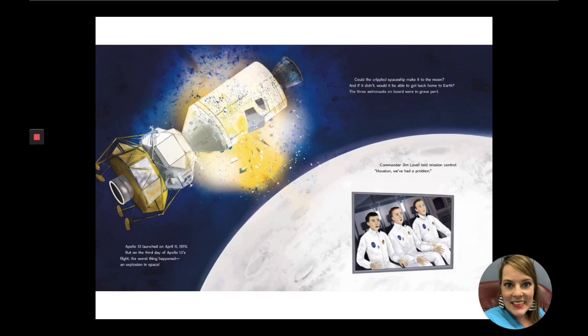But on the third day of Apollo 13's flight, the worst thing happened, an explosion in space. Could the crippled spaceship make it to the moon? And if it didn't, would it be able to get back home to Earth? The 3 astronauts on board were in grave peril. Commander Jim Lovell told Mission Control, "Houston, we have a problem."